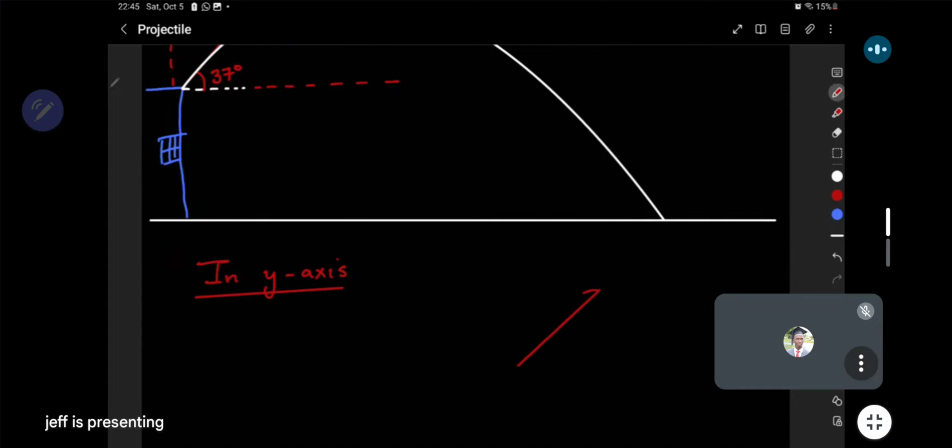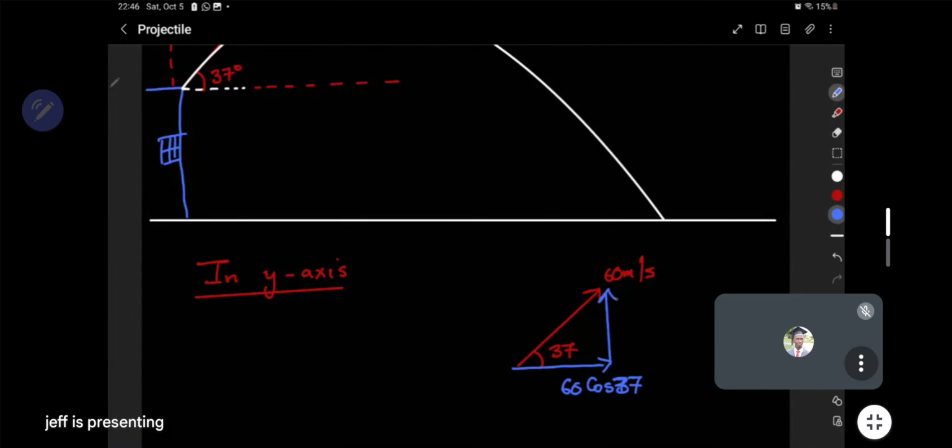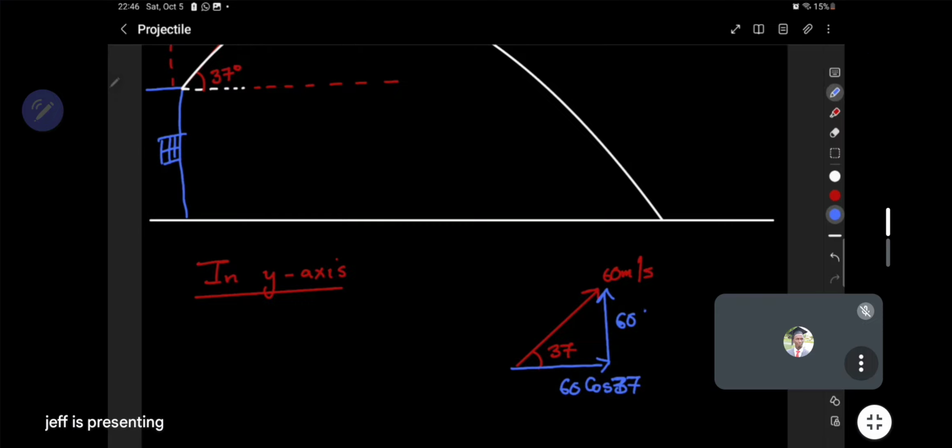If this is projected with a velocity of 60 meters per second, 37 degrees above the horizontal, the horizontal component is given by cosine, 60 cos 37, and the vertical component is given by sine. So it will be 60 sin 37.